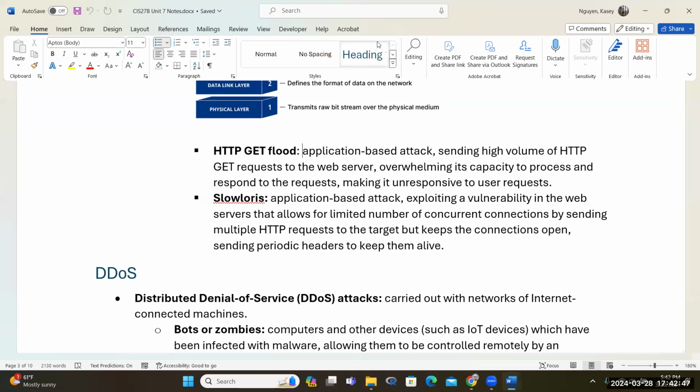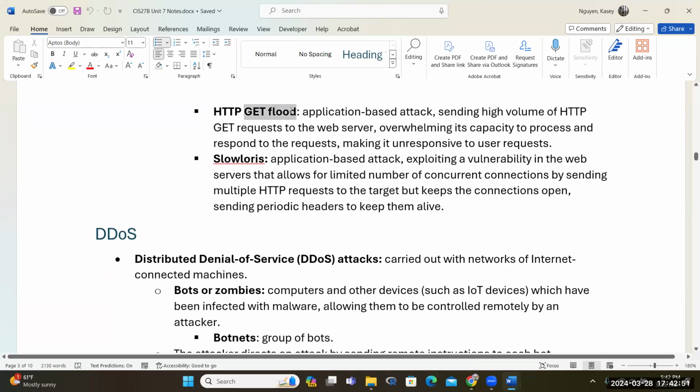So with that, if you see on the GET flood, it's just basically doing a GET request. Every time that you type in a URL, that does a GET first. And so it's just keep getting, right? And we talked about the HTTP codes 200, 400. So the goal for the attacker in this form of attack is to get the server to say 400, right?